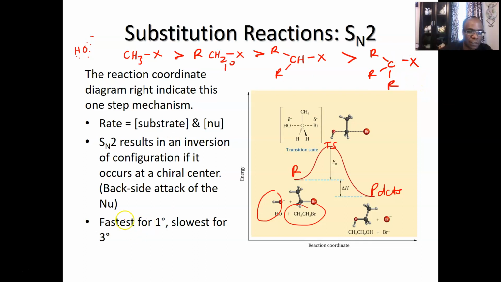Okay, so specifically, I would say methyl bromide is more reactive than, let's say, ethyl bromide, which would be more reactive than isopropyl bromide.